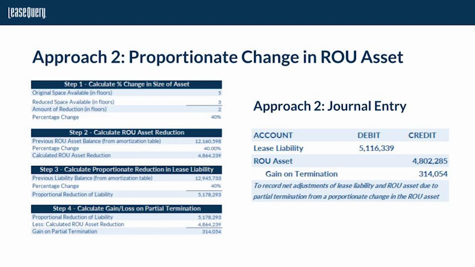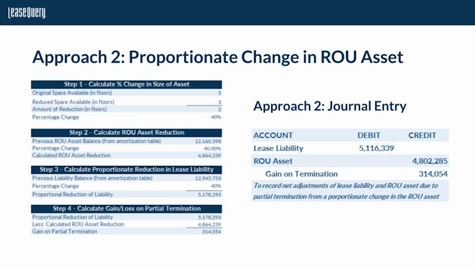Step 2, apply the percentage to the right of use asset amount directly before the modification to calculate the reduction in the right of use asset. Step 3, we're going to calculate the proportionate change in the lease liability to get the proportionate reduction in the lease liability.